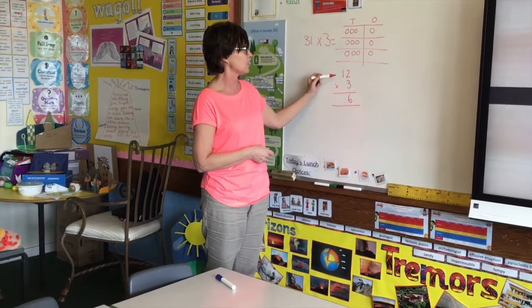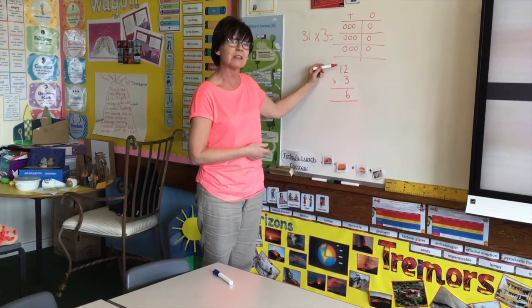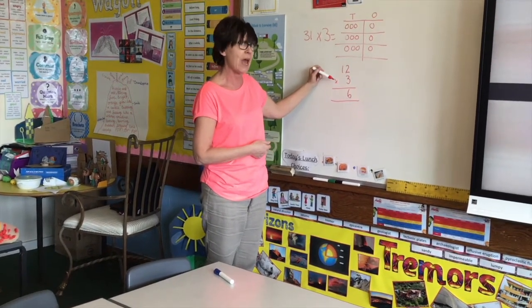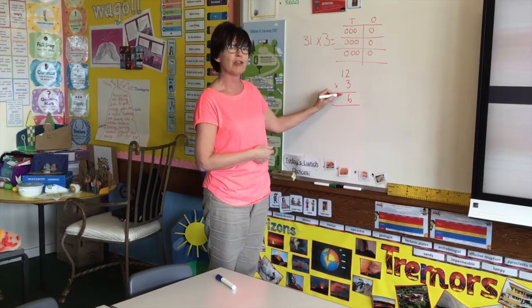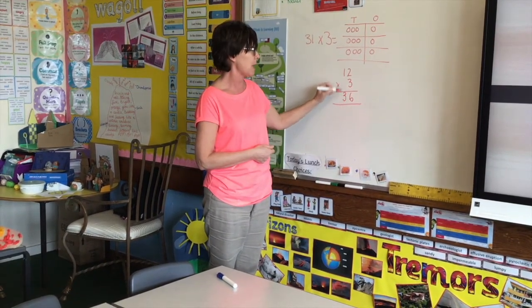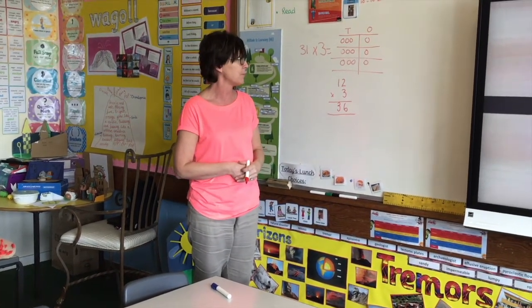And then 3 lots of, we can say 3 ones at this stage, but as long as they understand that that 1, its value is 10, or we could say 3 times 10. So 3 times 10 is 30, or 3 ones are 3, placed into the tens column, and there we get the answer to that one that way.